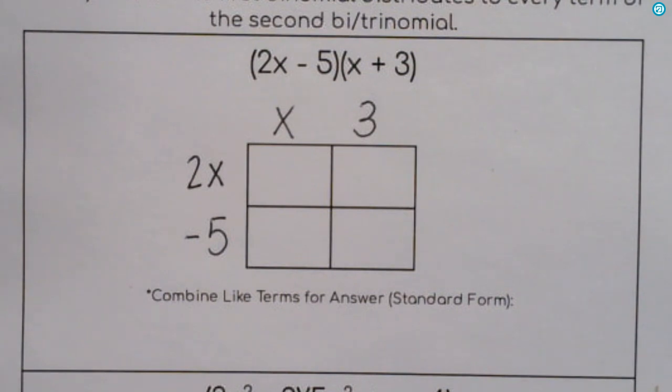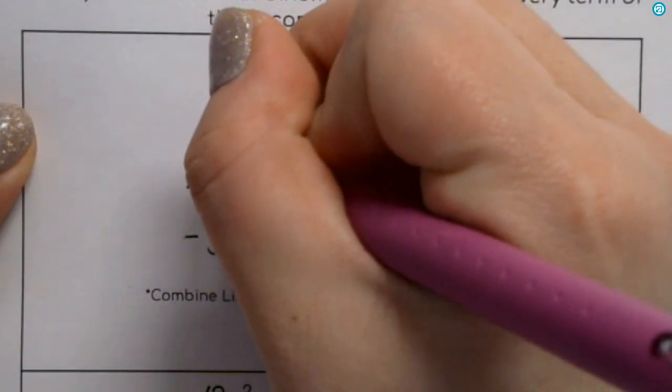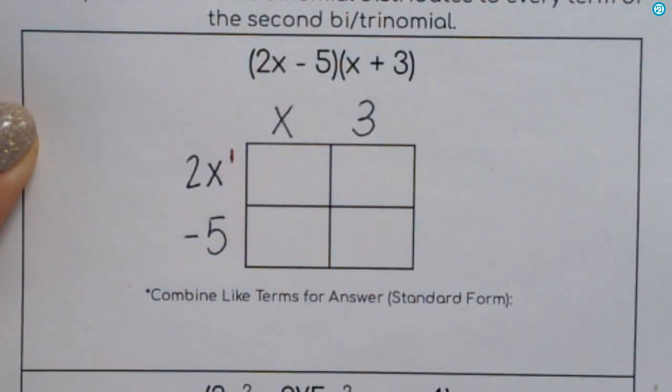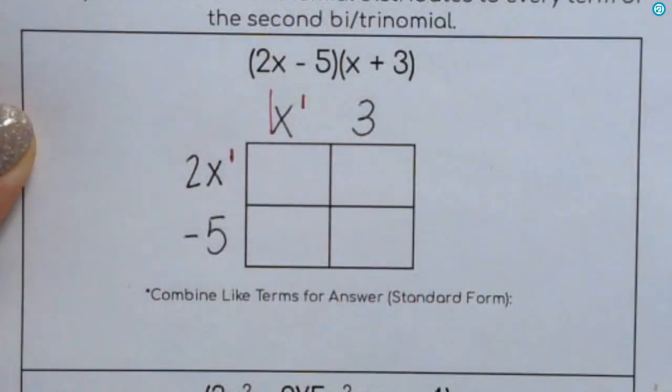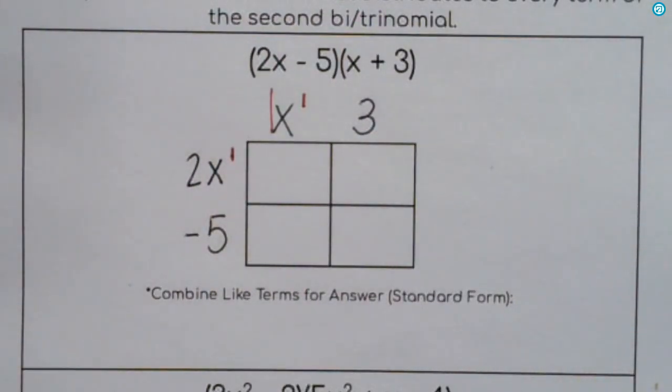Okay, just like I had imaginary ones I could add in on Tuesday, I have imaginary ones I could add in here. So this 2x can be 2x to the first. And this x by itself can be 1x to the first. So add in those imaginary ones.